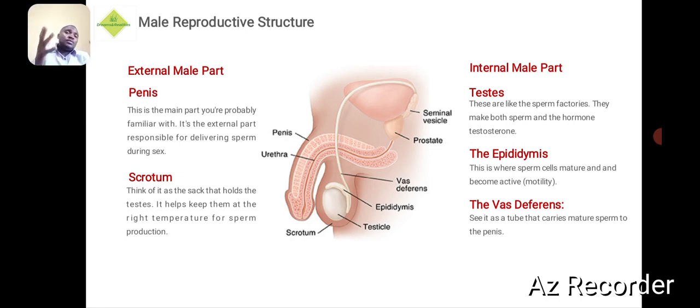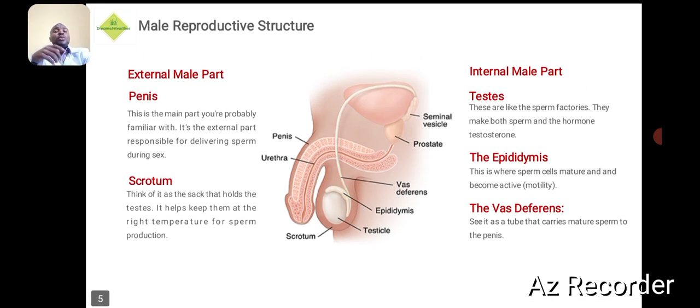Then the other external part is what is called the scrotum. Many persons don't know this name, and the penis is better known than the scrotum. They could call it other kinds of names, but in general, let's all come to a common ground. It looks like a sack, and it houses ball-like structures.